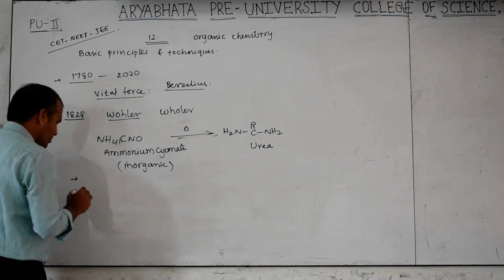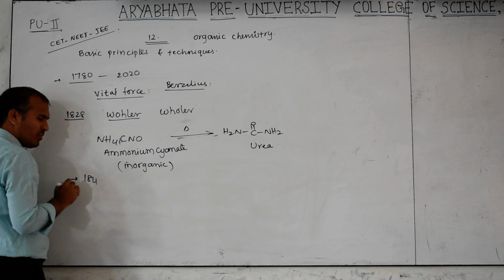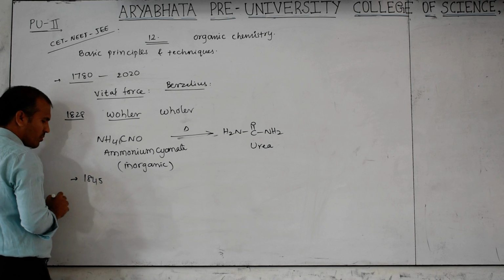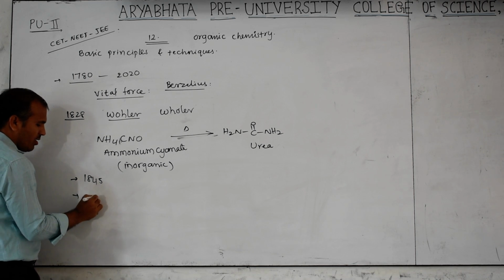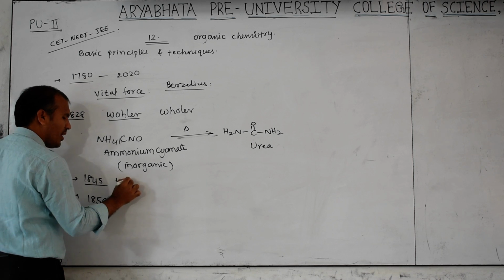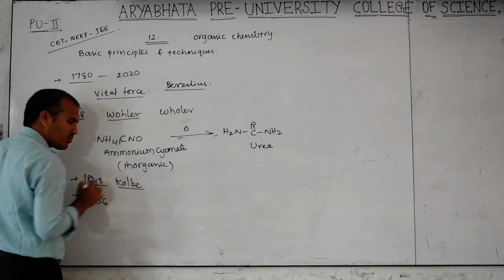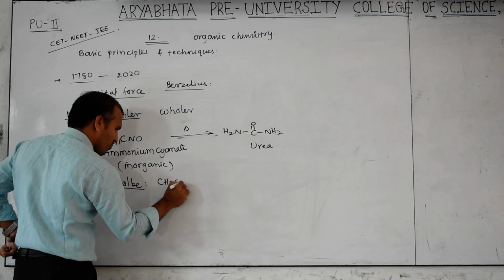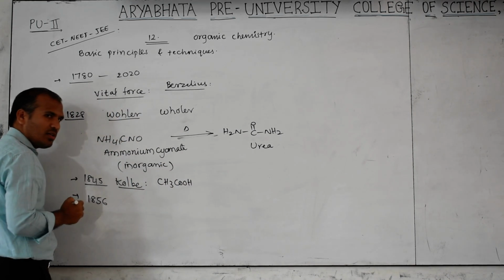Later, in 1845, that is the scientist's name. Two scientists are named for 1856. Kolbe is the scientist's name. He synthesized acetic acid. What is the name of this compound? Acetic acid.